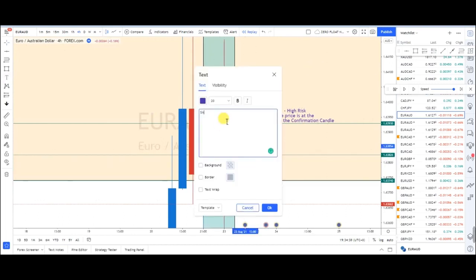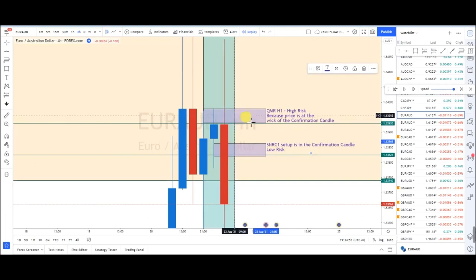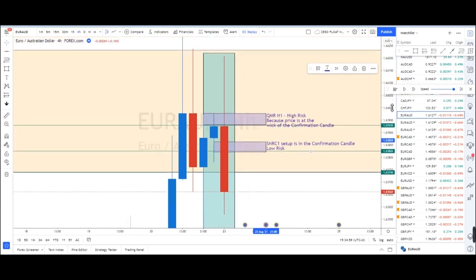Okay, so the SNRC1 setup is in the confirmation candle. So this is low risk. SNRC1 is at the candle of the confirmation. H1 QMR is at the wick of the candle.